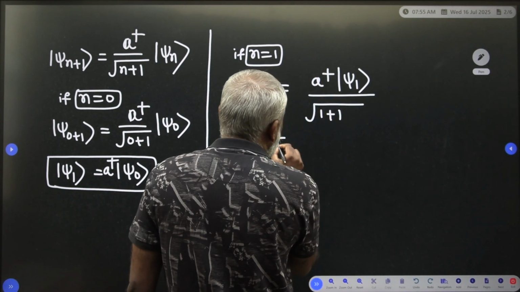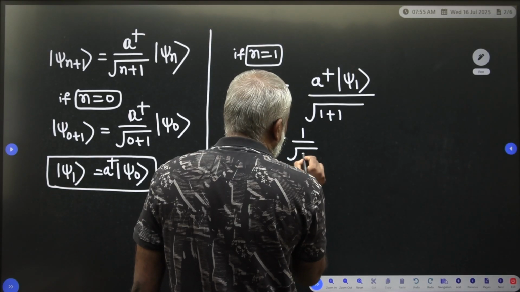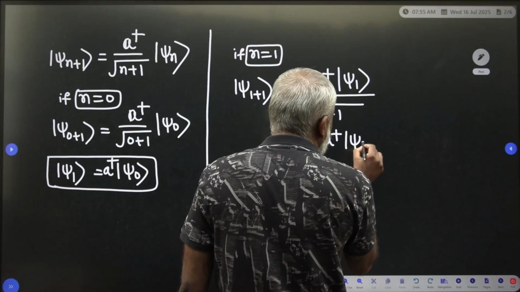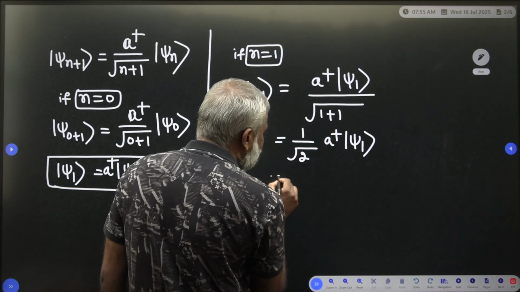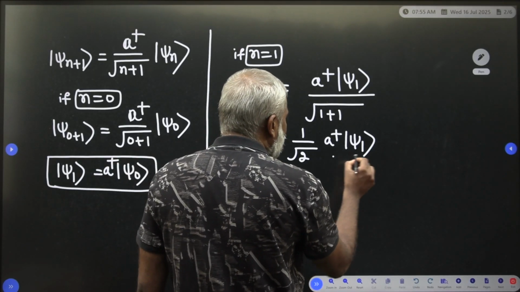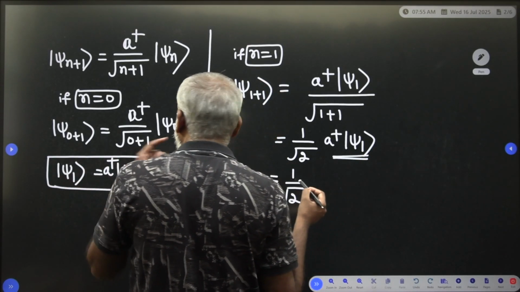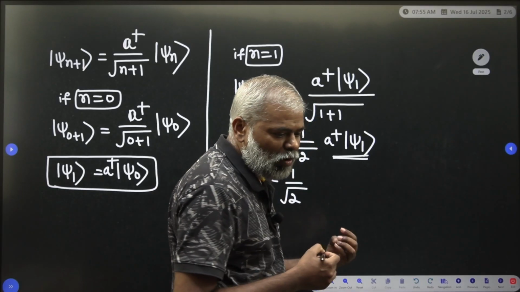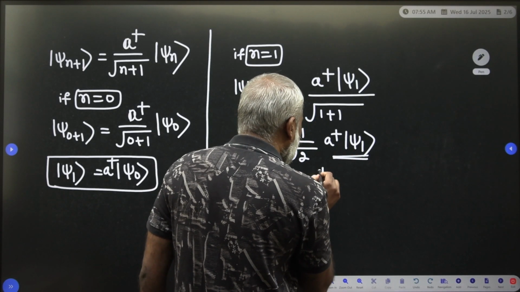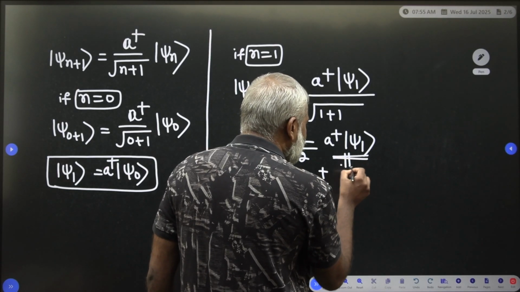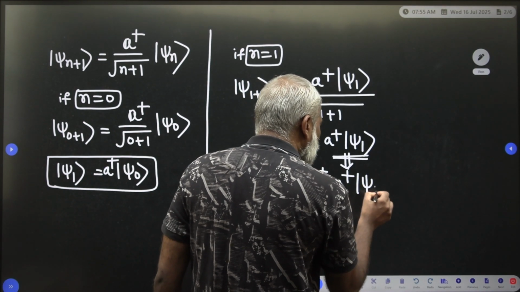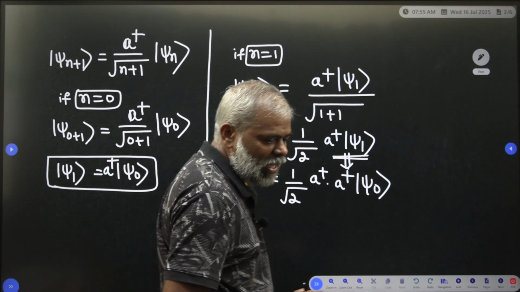So, 1 by root 2 into a dagger ket psi 1. Now we have to apply a dagger ket psi 1, and ket psi 1 is equal to a dagger into ket psi 0.